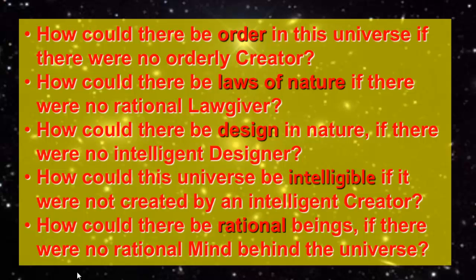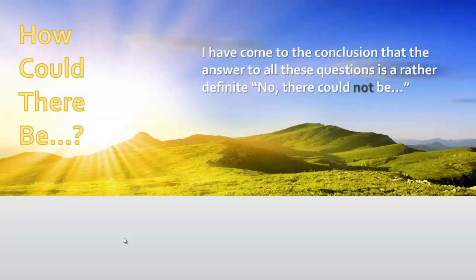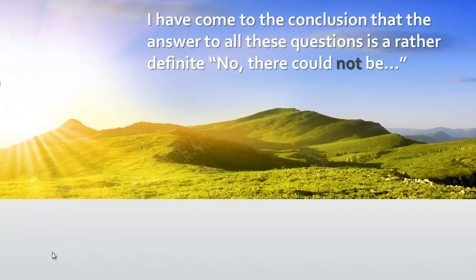How could there be rational beings like you and me if there were no rational minds behind the universe? I have come to the conclusion that the answer to all these questions is no, there could not be any of these.